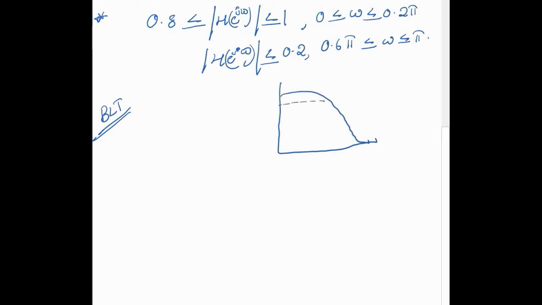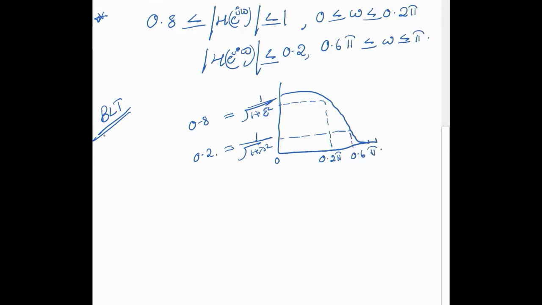Your value is 1 by root of 1 plus epsilon square equal to 0.8, from 0 to 0.2 pi, and 1 by root of 1 plus lambda square equal to 0.2, and that frequency is 0.6 pi.